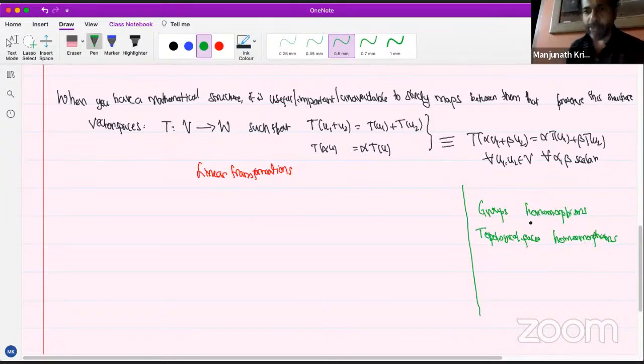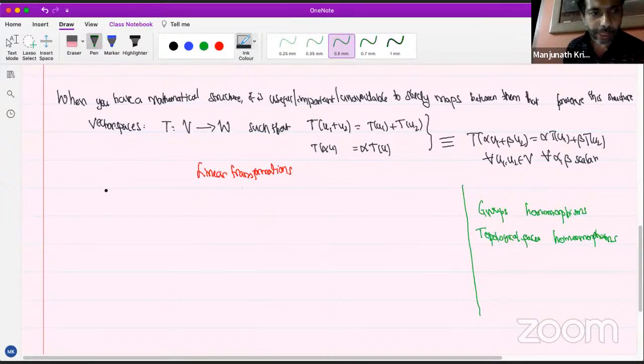It's a slight inaccuracy, but okay. So whenever you have structures, you have to study mappings between them. When you study groups, a lot of time is spent on studying homomorphisms. When you study metric spaces and topological spaces, you have to study homeomorphisms. Whenever you have a mathematical structure, you have to study mappings between them. And in the case of vector spaces, those are linear transformations.